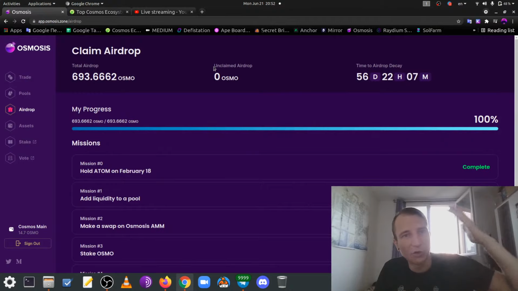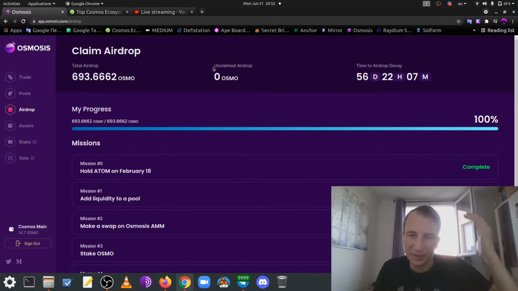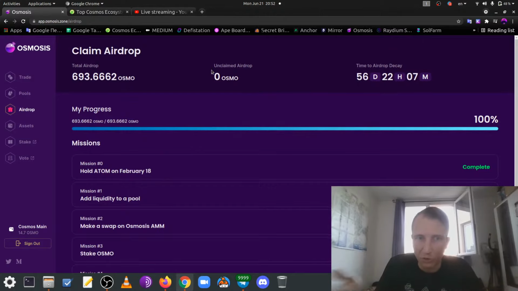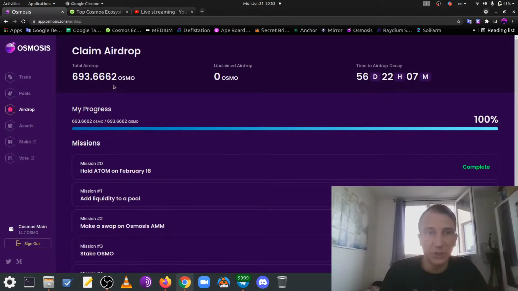Before the launching of IBC, stake your atoms from your own address, not from the address of Binance. Everybody was telling about it. And people who were doing it now get the airdrop from Osmosis with Osmo.